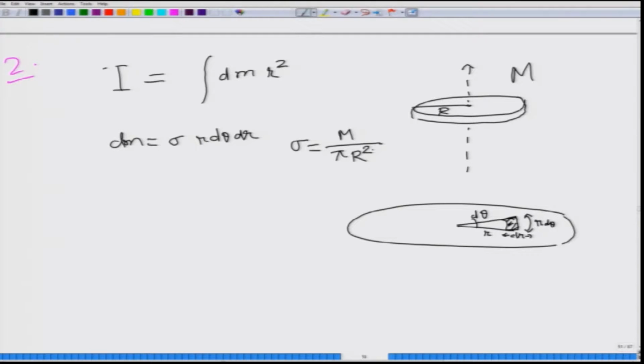So this is your sigma, which is a constant because the disk is uniform. So the moment of inertia will be the integral of sigma r d theta dr r square, where theta goes from 0 to 2 pi, because we have to take the complete loop, and r goes from 0 to capital R.